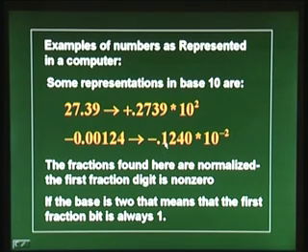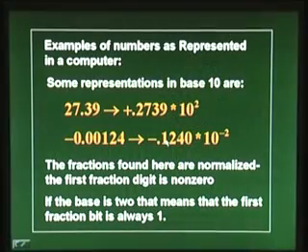So it's always 1, and in that case we don't need to store it, because we know it's been told to the compiler or to the program that it's a normalized floating point representation. That means the first digit of the mantissa is always 1 in binary.